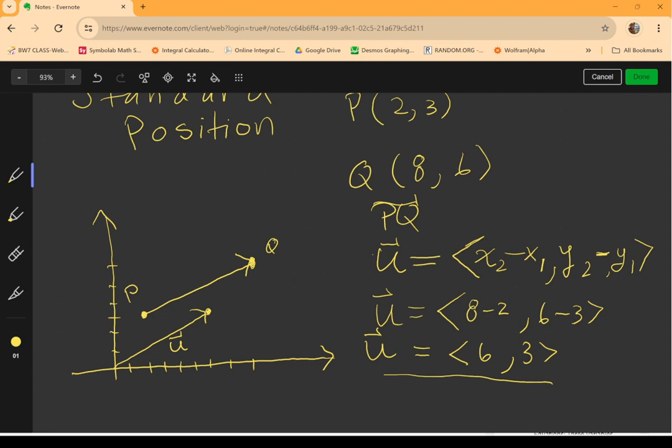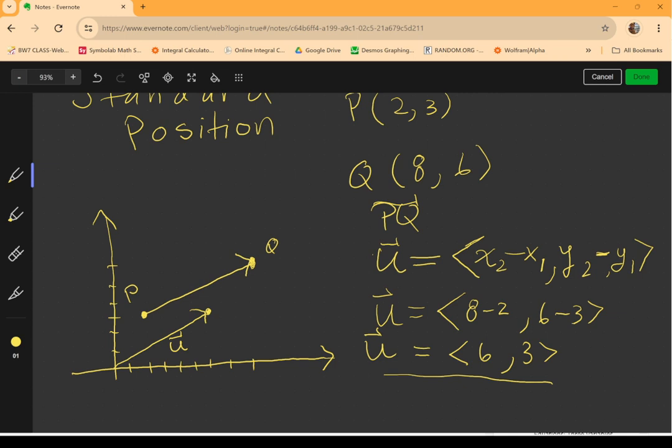Now the vector u and the vector PQ both have the same magnitude and the same direction, so same length, same direction. The only difference is u is what's called a position vector. It's in standard position. Whenever we see something written like this, it's not a point, it's a vector, and the initial point is always the origin.